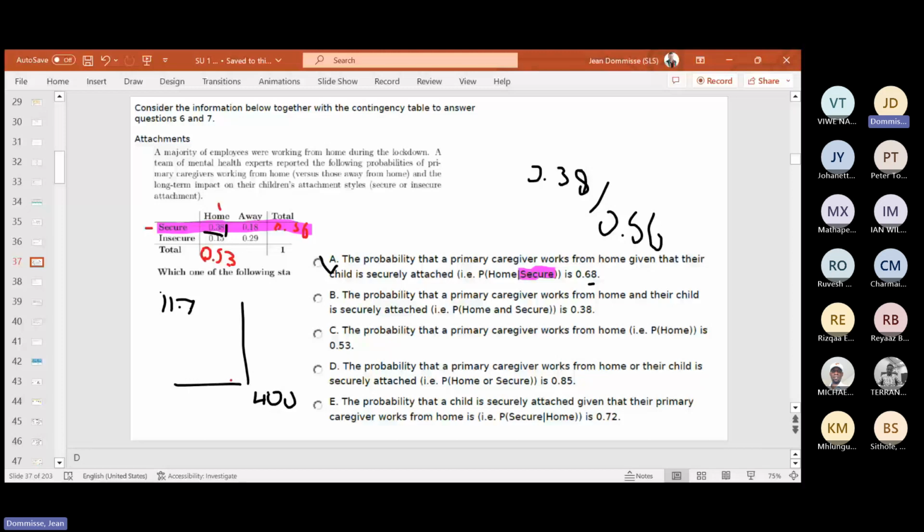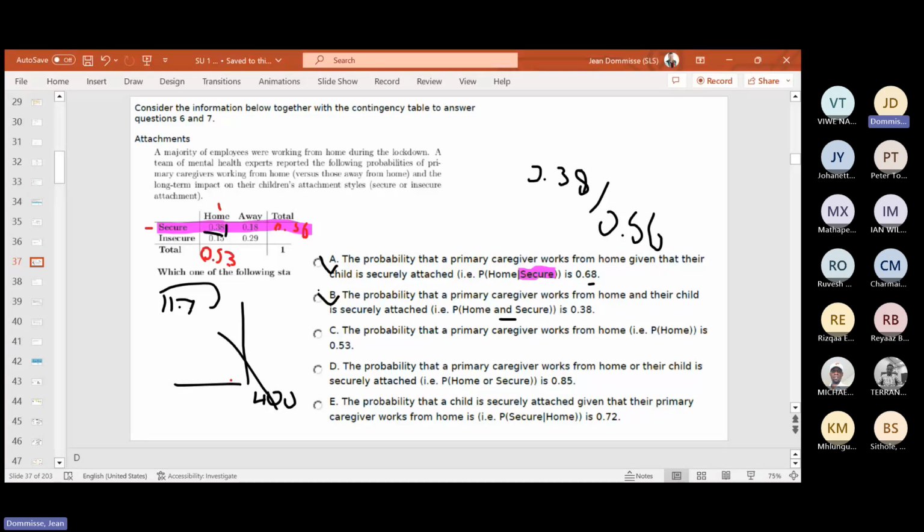So then it would have been the 'and' divided by the total. But because this is already a probability, we can take it as is. So that probability of home and secure is 0.38.